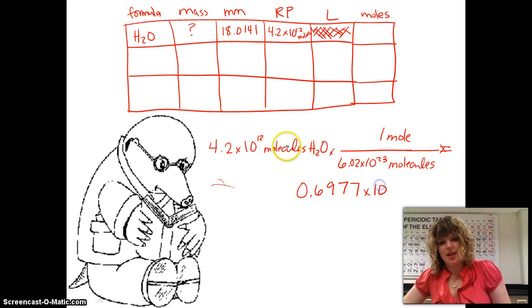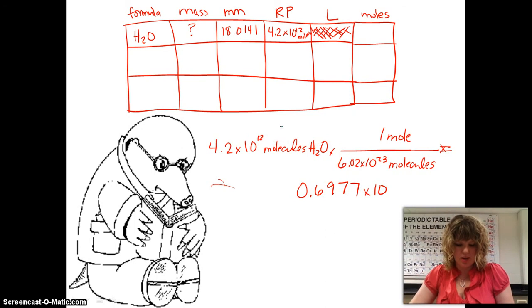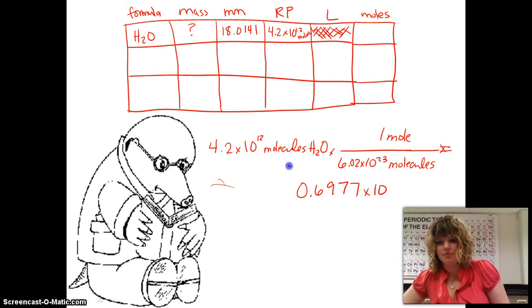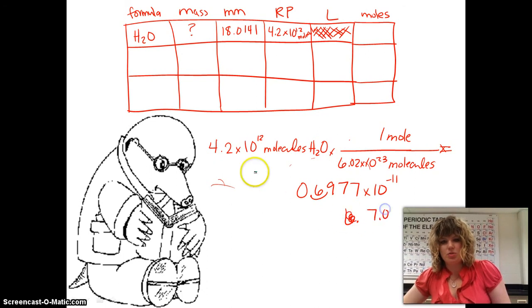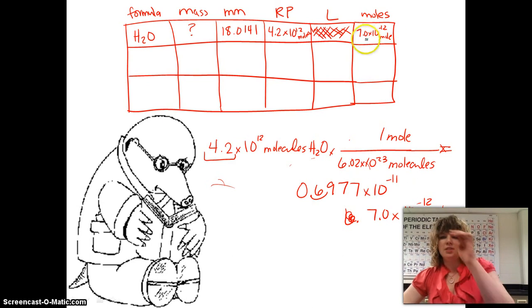And that would be times 10, and so 12 minus 23 is going to give us a negative 11. So we're going to make this bigger and make it 7.0, because there's only 2 sig figs. I will be looking at sig figs. Times 10 to the, made this bigger, make this smaller, negative 12 moles. So not very many. So up here, I would go ahead and write 7.0 times 10 to the negative 12 moles with the unit and the correct scientific notation in sig figs.